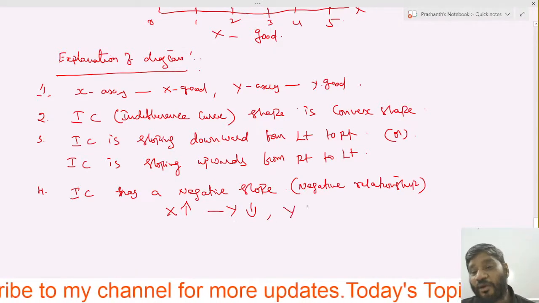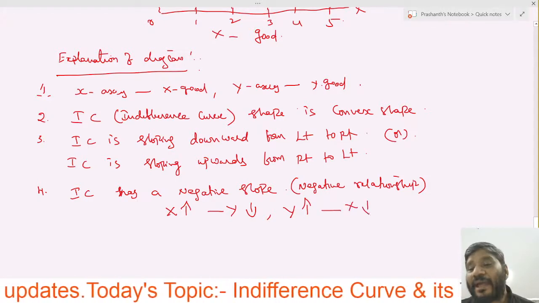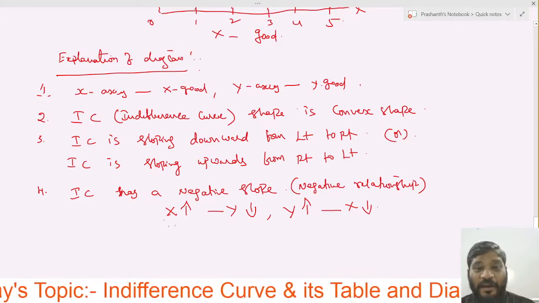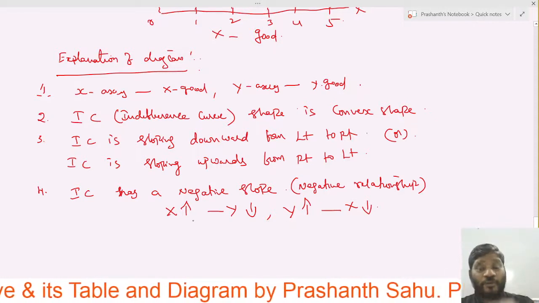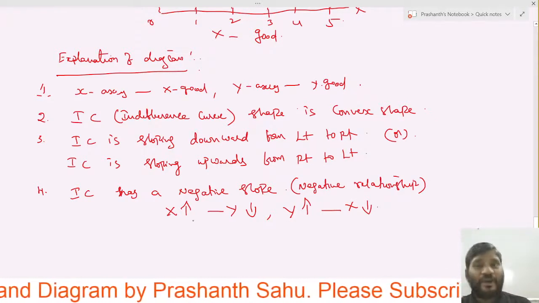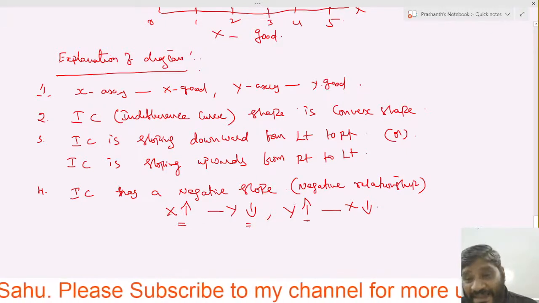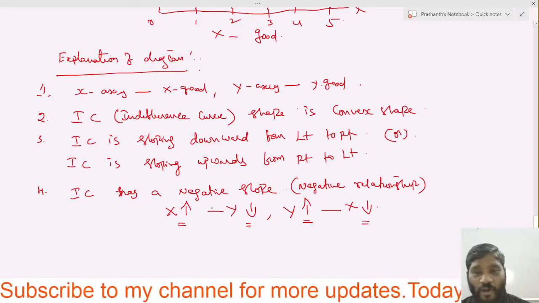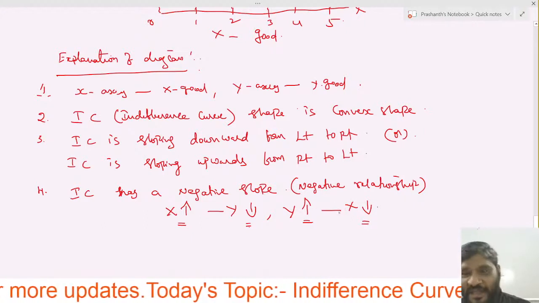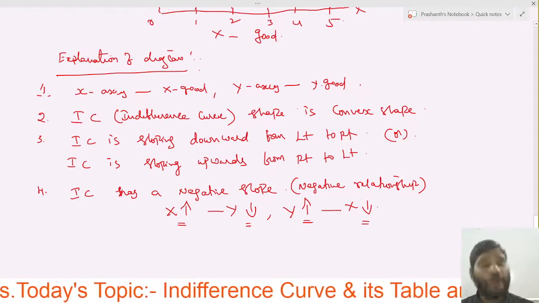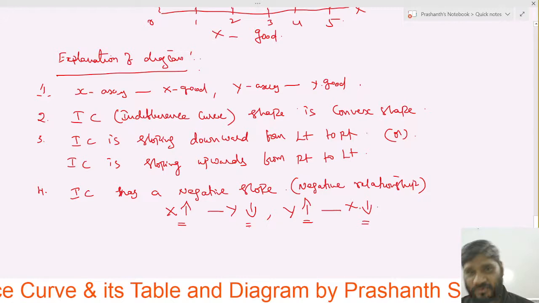If you want to increase y good, then you have to decrease x good. So one increases, another decreases. Both arrows are opposite to each other. When they are opposite to each other, we call this a negative relationship. That is why it is called a negative slope.